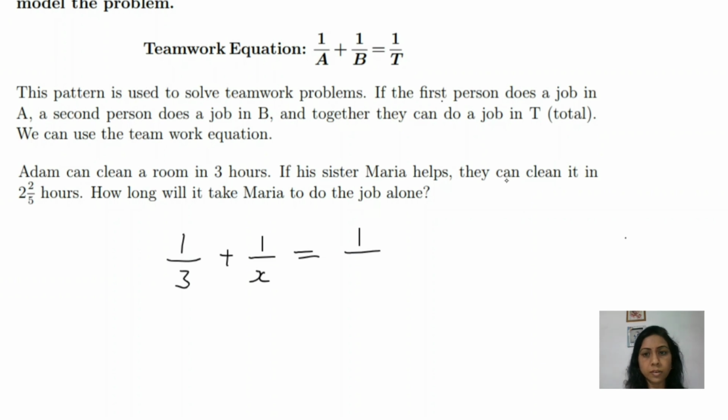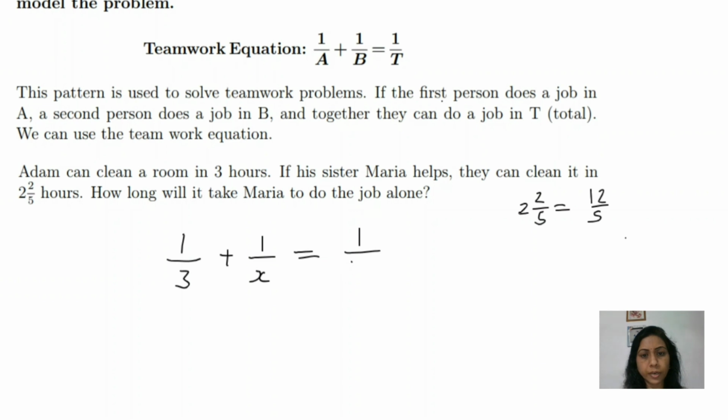Total here, so they can clean it in 2 2/5 hours. First we have to write 2 2/5, which is actually a mixed fraction, so we have to convert it into an improper fraction. 5 times 2 is 10, and we add this 2: 10 plus 2 is 12 upon 5.